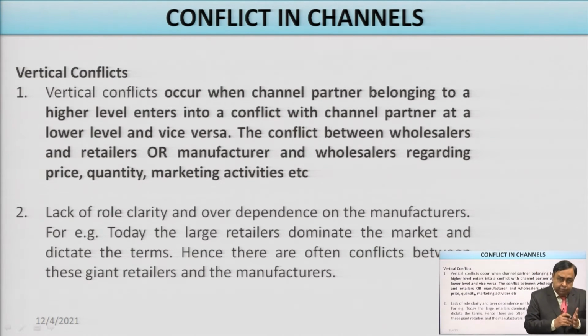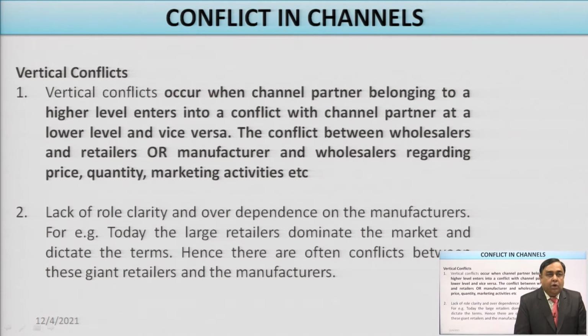An individual at the lower level can go into a conflict with an individual at the higher level, such as wholesalers not accepting the terms and conditions which a manufacturer has given. The moment this sort of thing happens, that is what we call a vertical conflict. Vertical conflict occurs when a channel partner belonging to a higher level enters into a conflict with a channel partner at the lower level and vice versa.